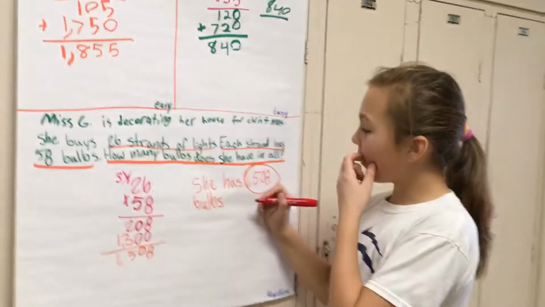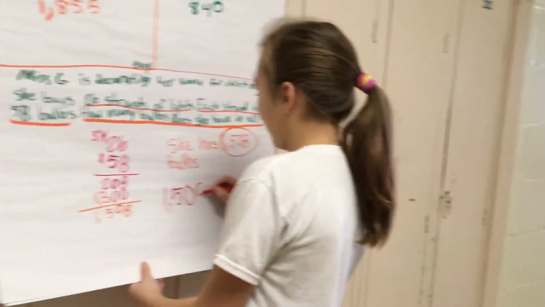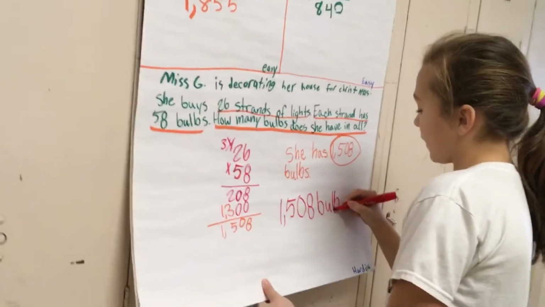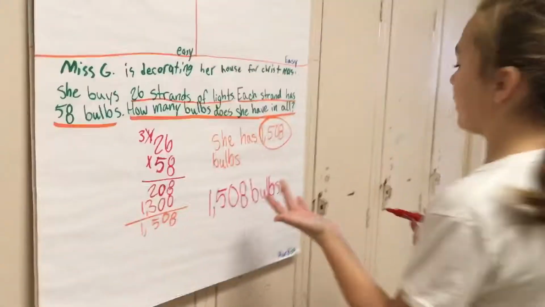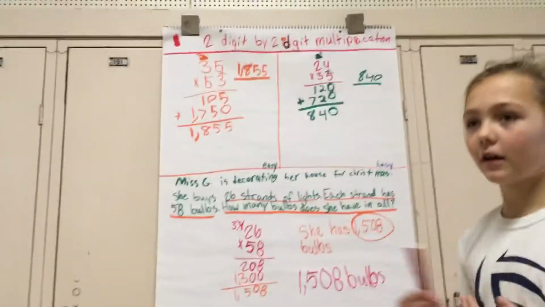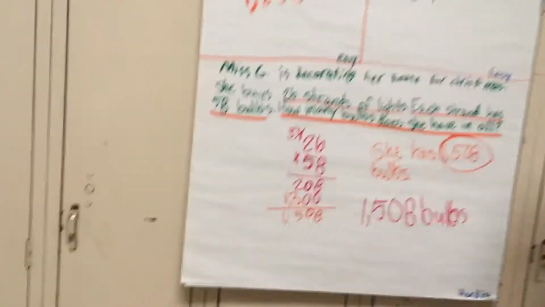So you can also write 1,508 bulbs, and that actually tells them you mean light bulbs. Word problems are harder, so you have to be careful because this is not addition. If you do addition, you're going to get the wrong number.